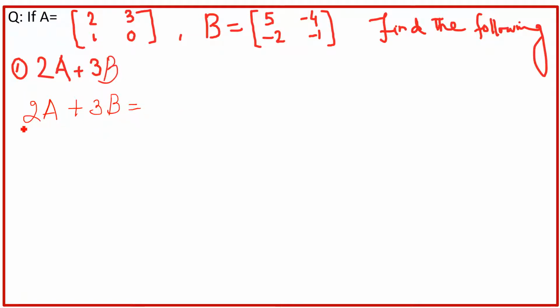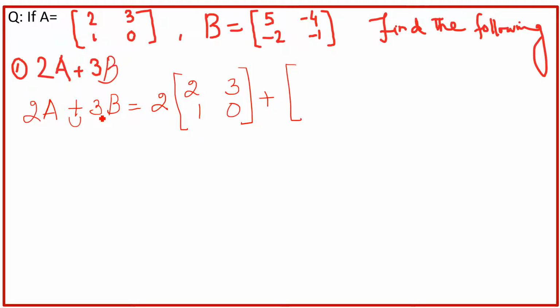How will we write it down? Just follow this pattern. First is 2, write down 2. What is next? A. There is no sign between 2 and A, it means they are multiplying each other, and this is a matrix: 2, 3, 1 and 0. What is next? Plus, use plus.